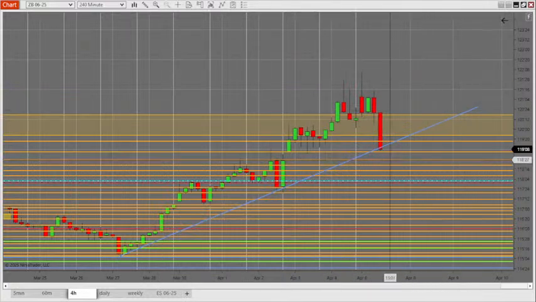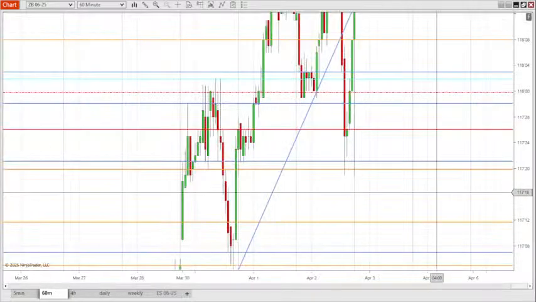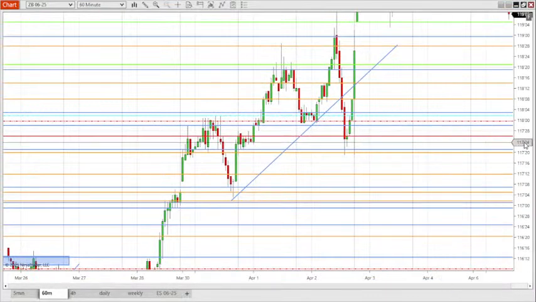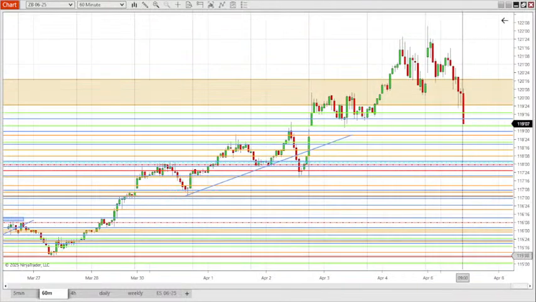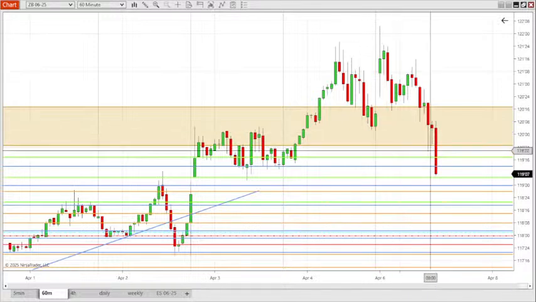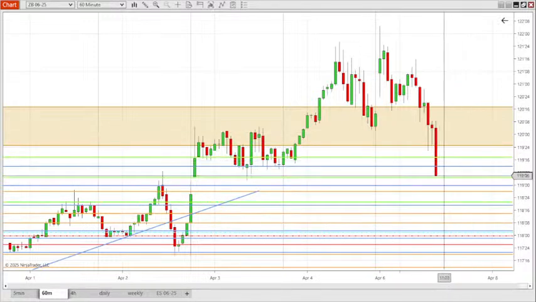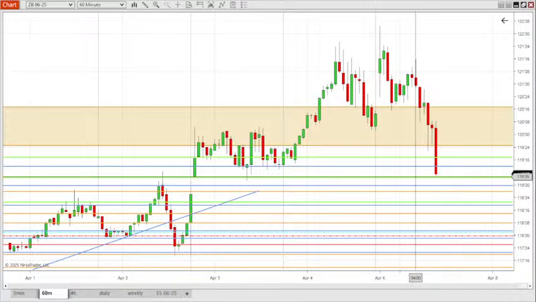It's looking like a pullback, I can get it long. Yeah, this is dropping like a falling knife. If I was to get in, it would be right at 119.05. We gotta wait till this candle closes at 9 o'clock.